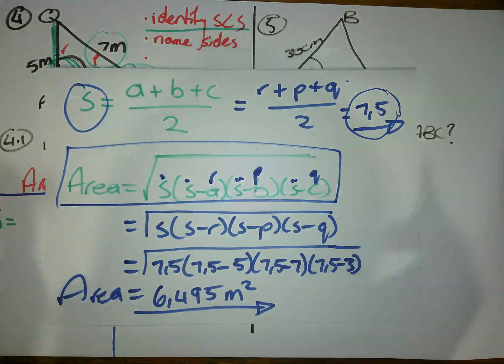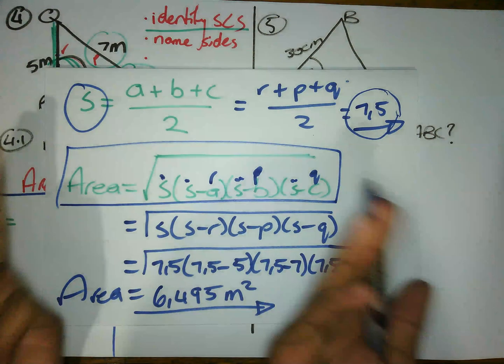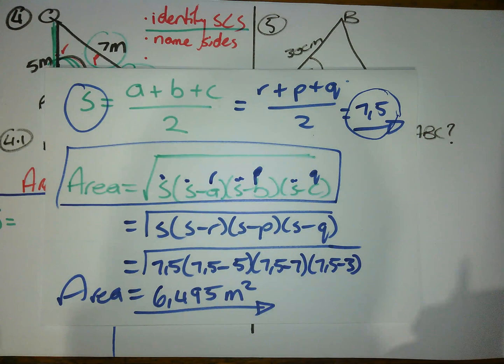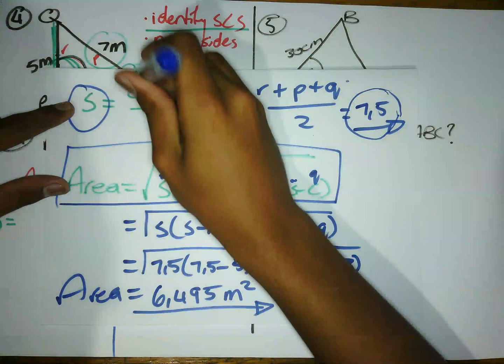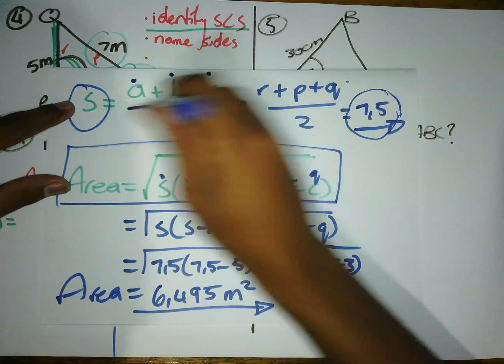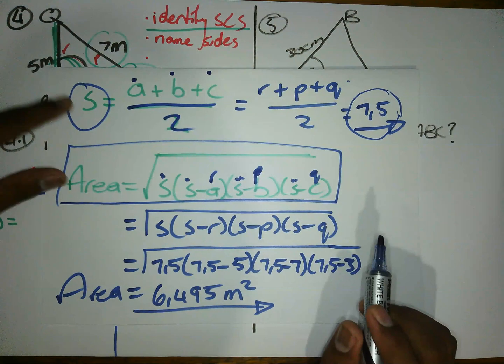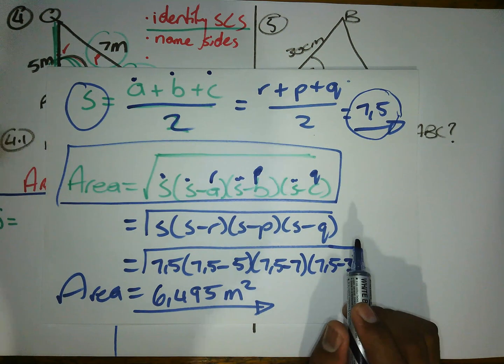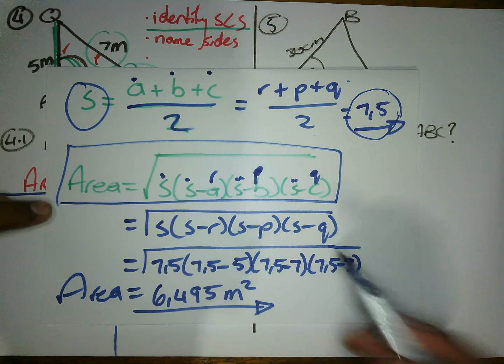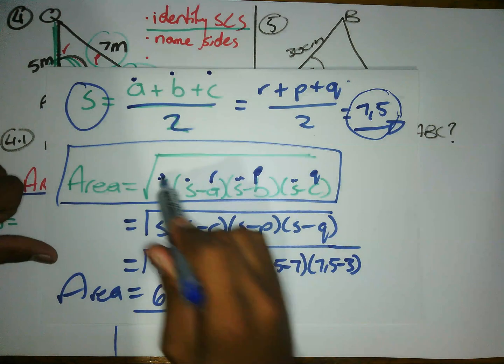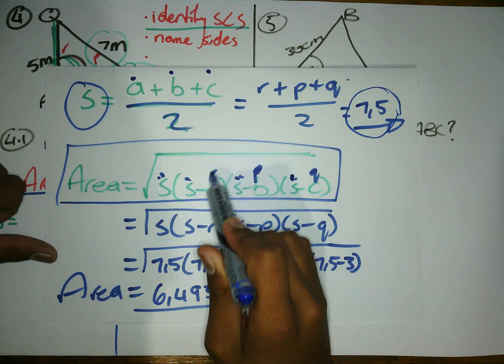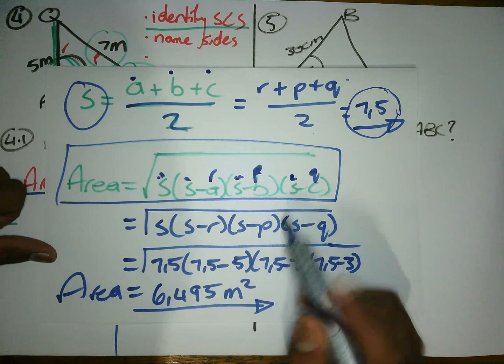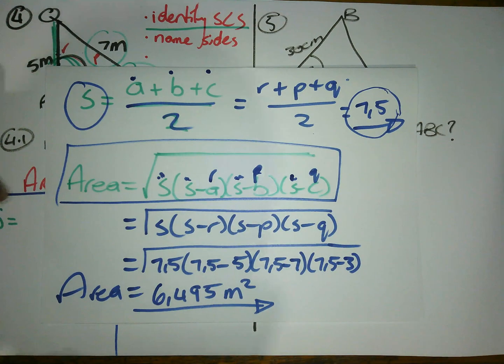We substitute in our sides, we substitute in our values that we got, and then we get our area. Quite straightforward. We need to say side plus side plus side divided by 2 to get our S constant. Then we substitute in our S constant and our sides, and calculate the answer.